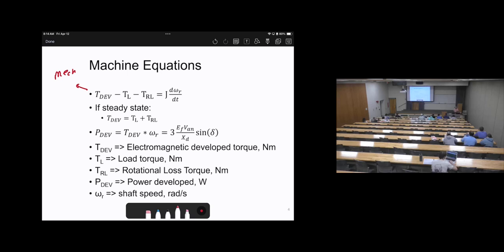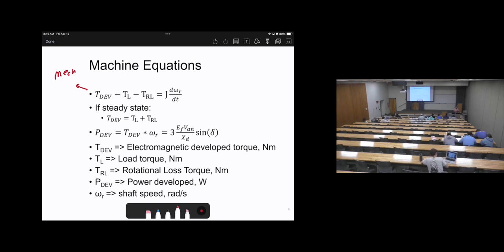But for the mechanical parts, this is the machine equation, the equivalent circuit of the mechanical part. T_dev is the developed torque at the motor terminals. T_L is the load torque. T_RL is the rotational losses. Since there is rotation, there is something like friction, but because it's in rotation, we call it rotational losses, not friction losses. Because we are in rotating motion, you know better than me on this.